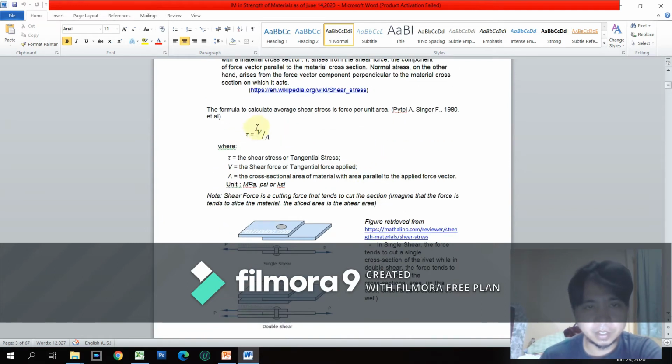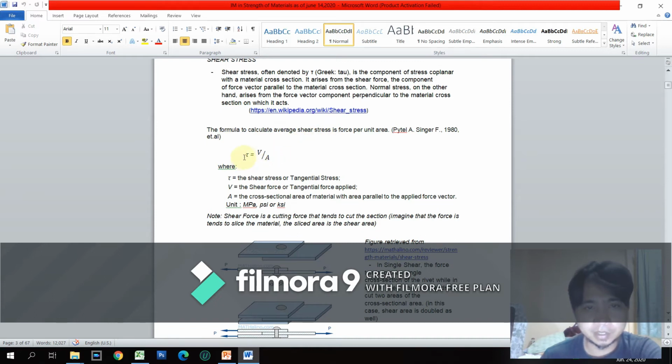As we can see here, the formula is a simple stress formula also, but we just have to replace sigma with tau, the symbol that refers to shearing stress. And then the force here, instead of P, we replace with V. V is the shear force or tangential force applied.